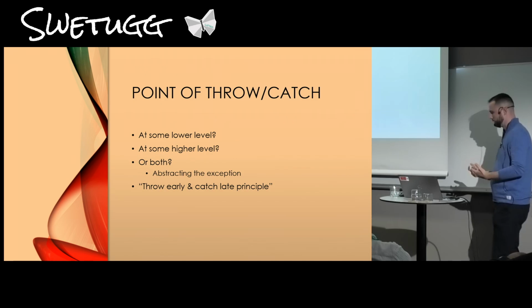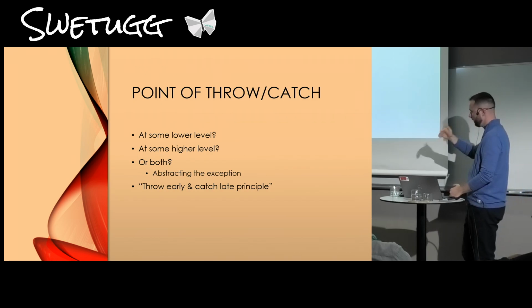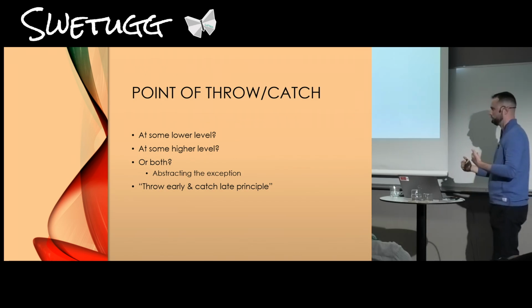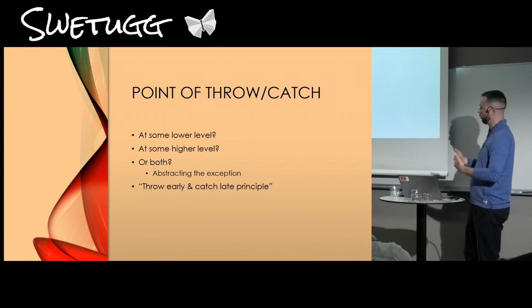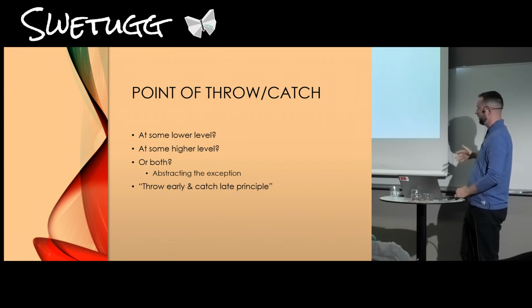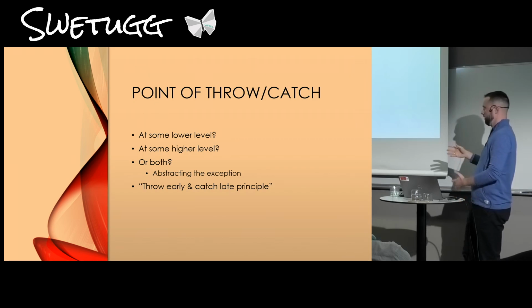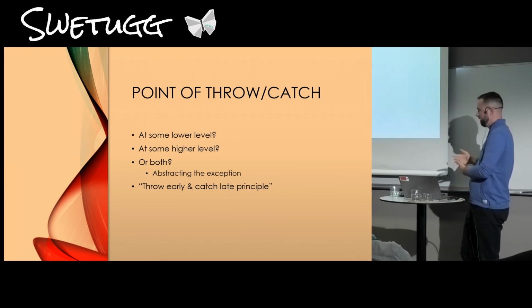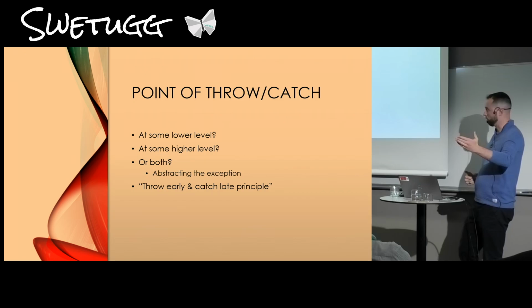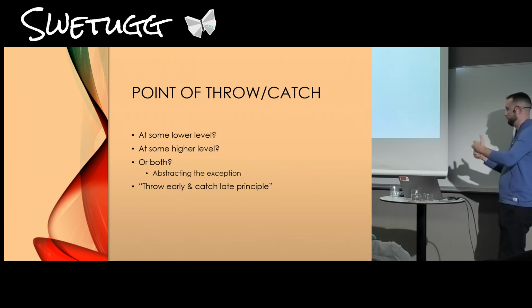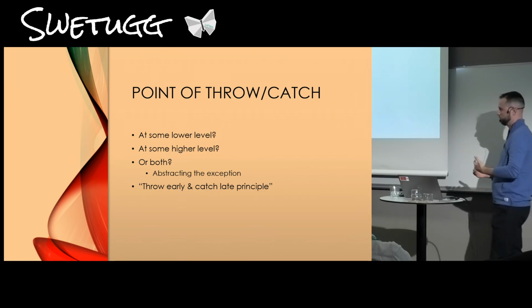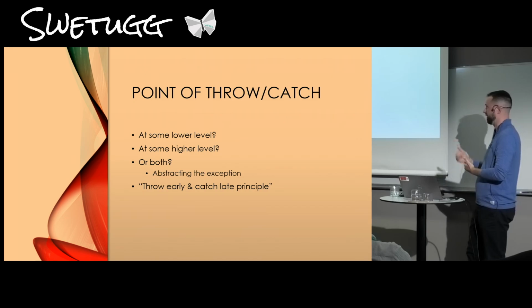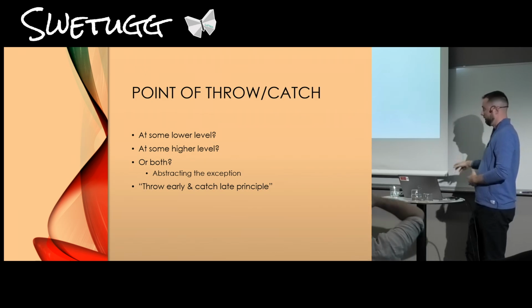So let's say you should catch at the higher levels, because at higher levels you probably have much more details to log. For example, if you have some library that is getting data from the database, like this get entity by ID, it might be called by a lot of controllers, a lot of endpoints. So there you maybe don't have enough information to log, because you don't know what the request was or where it came from. For example, you have more front ends, like a mobile application or web application.